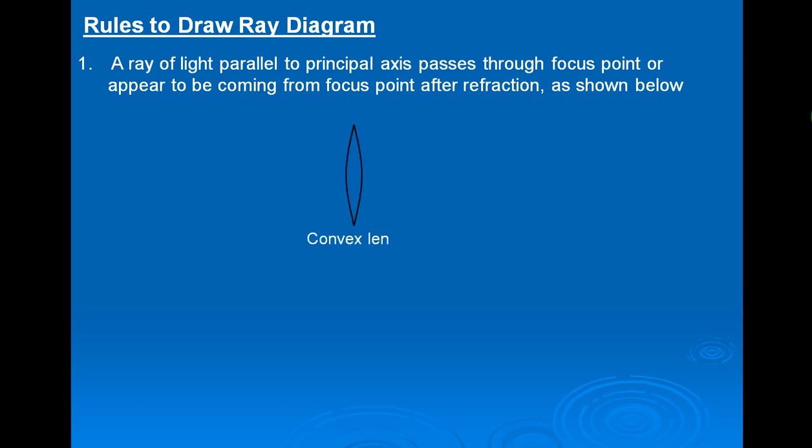Suppose this is the convex lens and point O is the optical center of the lens, and suppose this is the principal axis of the lens, and point F on the principal axis is a focus point.